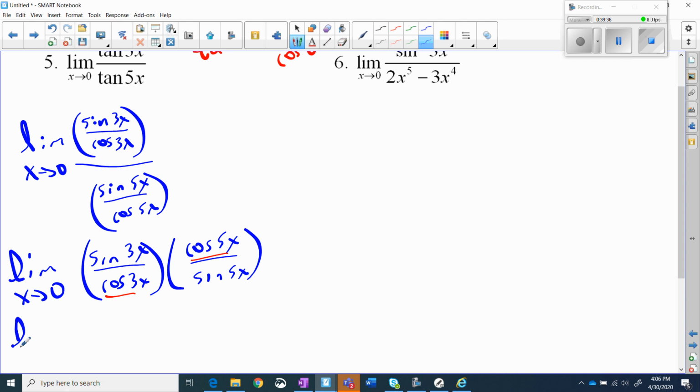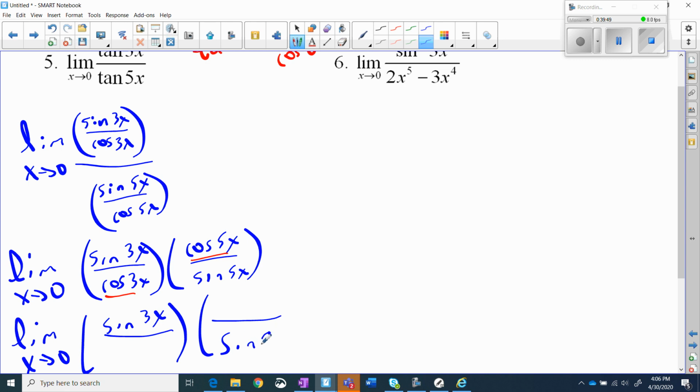So I'm just going to shuffle around the order of things here. I'm going to leave my sine 3x there, leave it blank underneath for now, and put my sine 5x on the bottom here. Then I'm going to take these two that I'm not too worried about, and put them out at the end. That there.